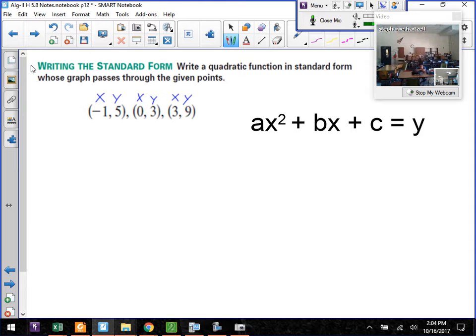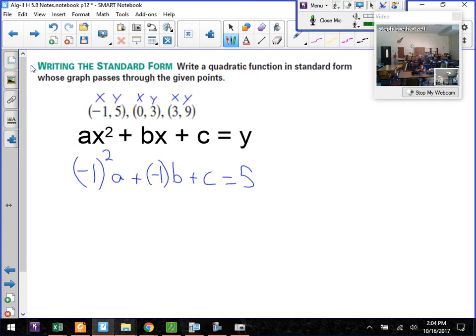So here's what happens. You get -1 squared times a plus -1 times b plus c equals 5. What I'm doing is substituting those values in. I'm going to do that for all three of the equations.